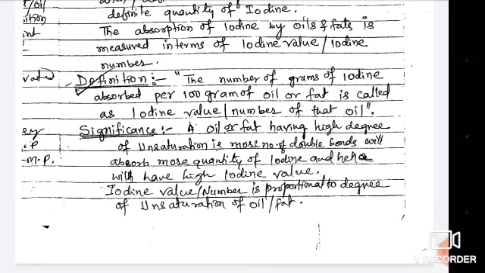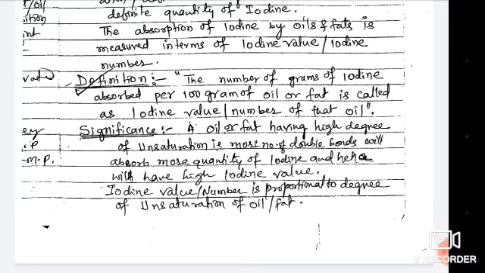So what is the significance of this iodine value? By knowing the iodine value, we can determine the degree of unsaturation present in the given oil or fat. An oil or fat having a high degree of unsaturation, a greater number of double bonds, will absorb more iodine and hence will have a high iodine value.